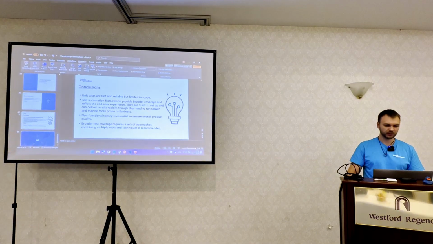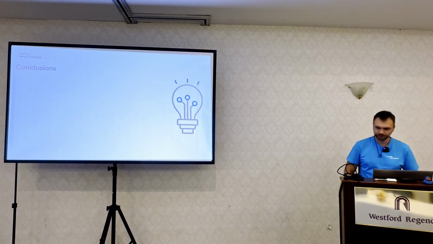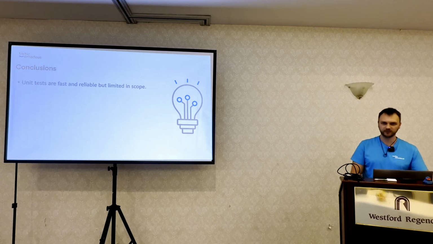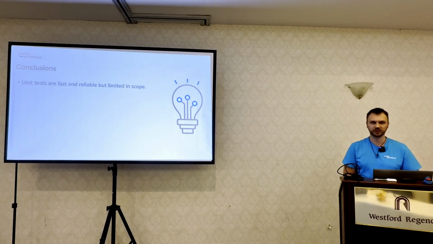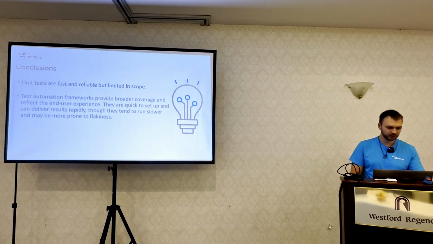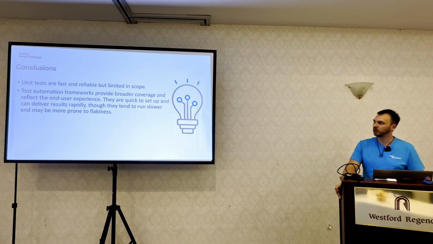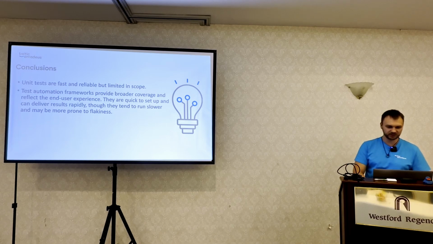Okay. So the conclusions. Unit tests, again, are fast and reliable, but limited in scope, as we saw. Test automation frameworks can provide quite big coverage, and it's really easy to set up. I mentioned Cypress. It's the same because it's JavaScript based, so the setup is quite easy and fast.